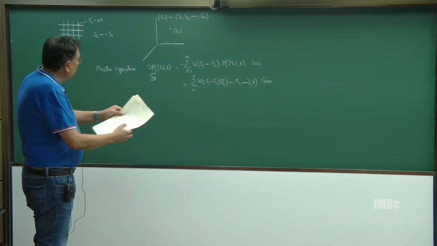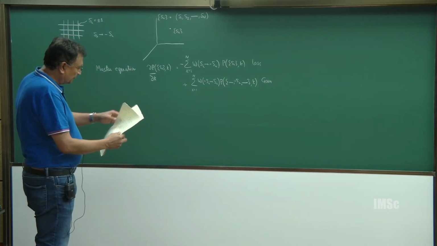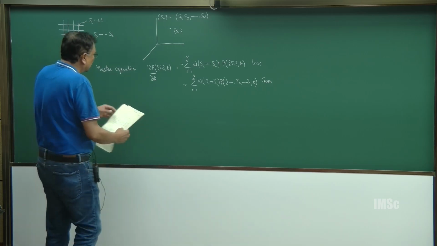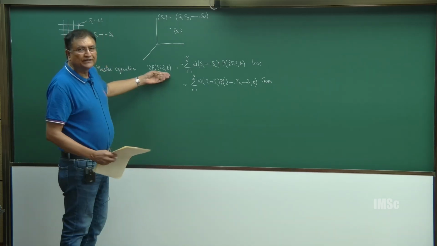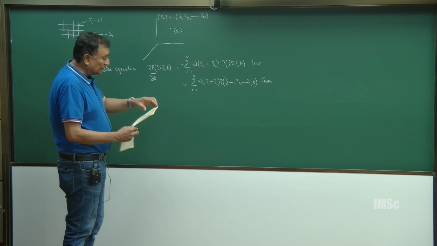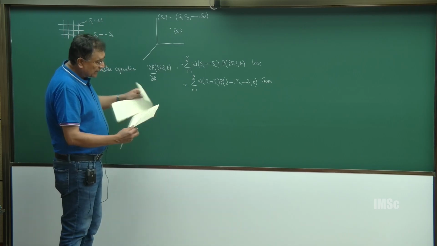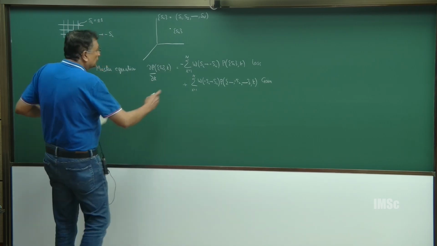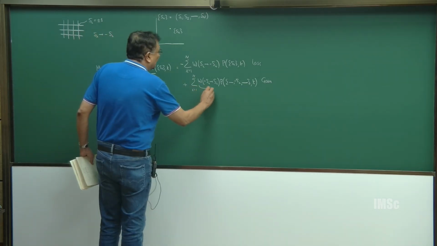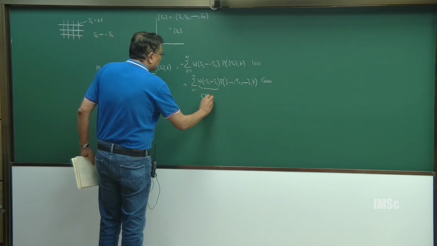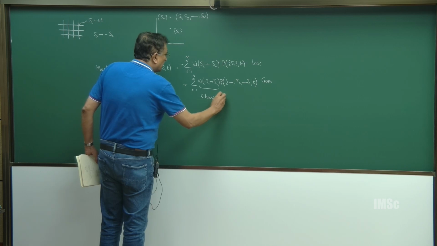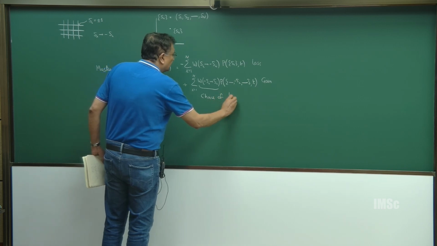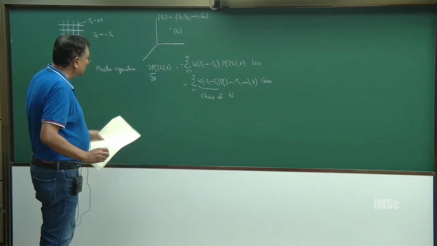Okay. So, now that is the evolution of the probability, and obviously the probability is going to change with time because it is a non-equilibrium process. Okay. The important thing is the choice of W. Okay. And there is a theorem of statistical physics.